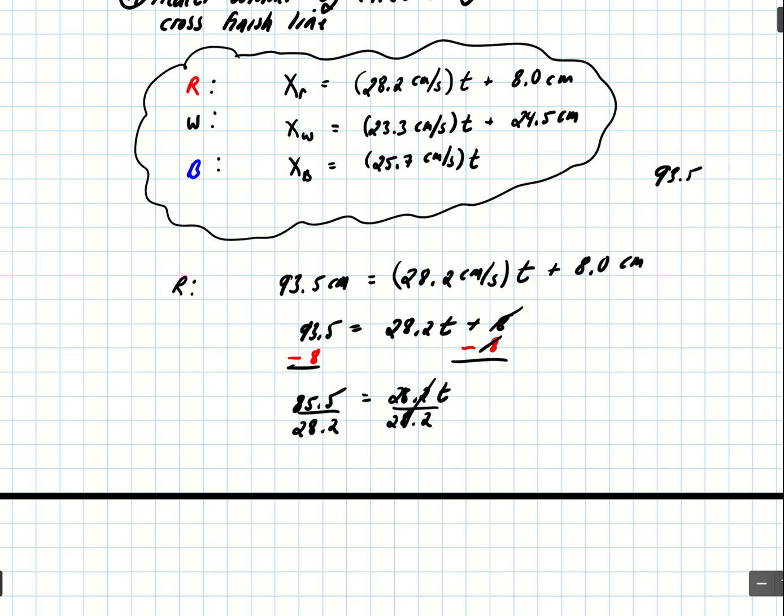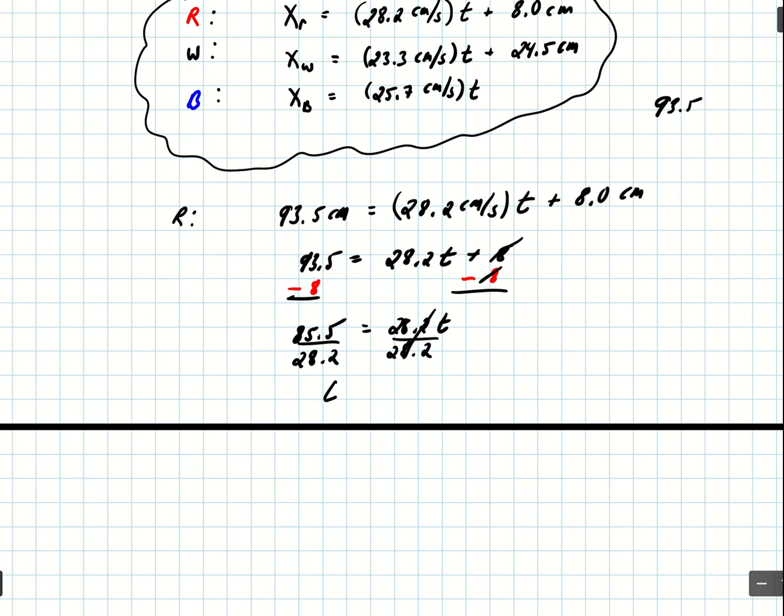That becomes 1, right? 28.2 divided by 28.2. Here's my calculator. All right, so 85.5 divided by 28.2 equals 3.03 seconds. So the time for red to cross the finish line is 3.03 seconds.